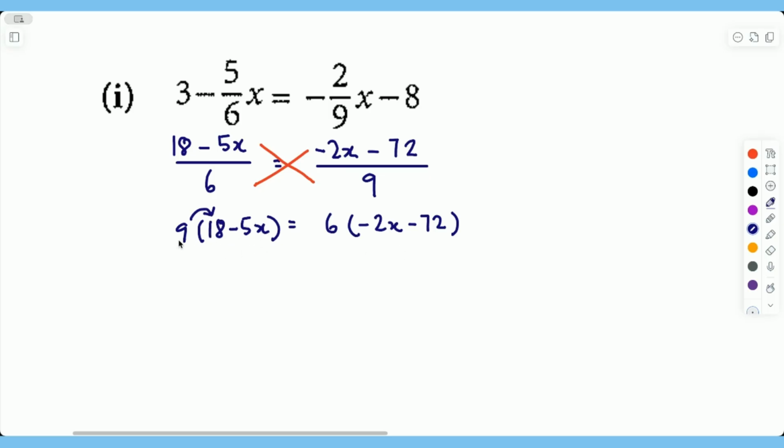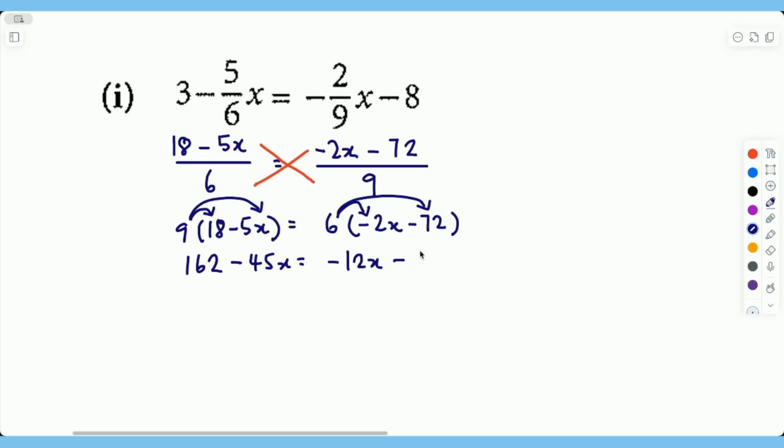For the left-hand side, we have 9 times 18. That's 162. Minus 9 times 5x. That's 45x. For the right side, we have 6 times negative 2x, which is negative 12x. And 6 times negative 72.